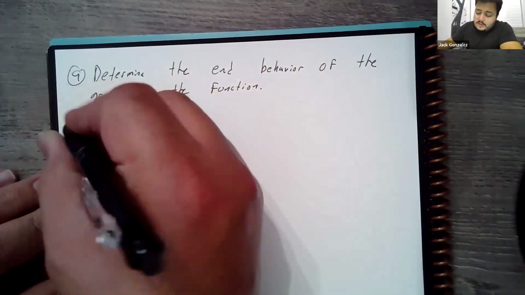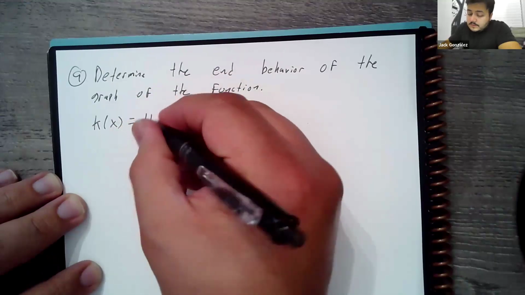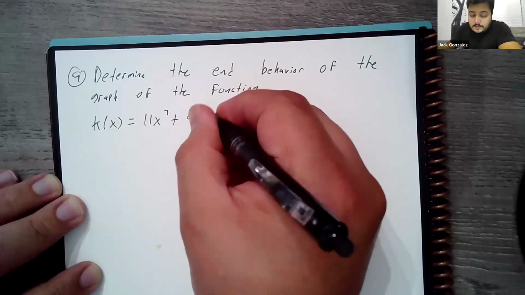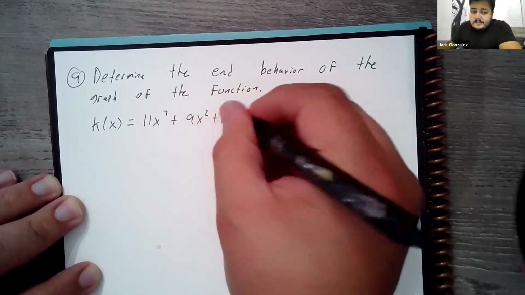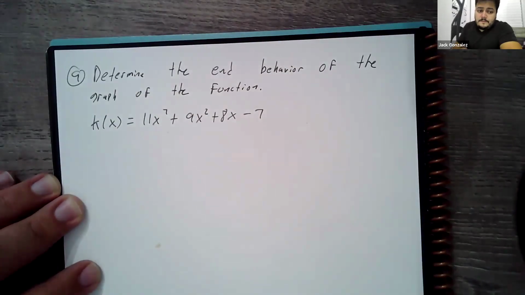They're calling it K. It's fine. This is equal to 11x to the 7 plus 9x squared plus 8x minus 7.